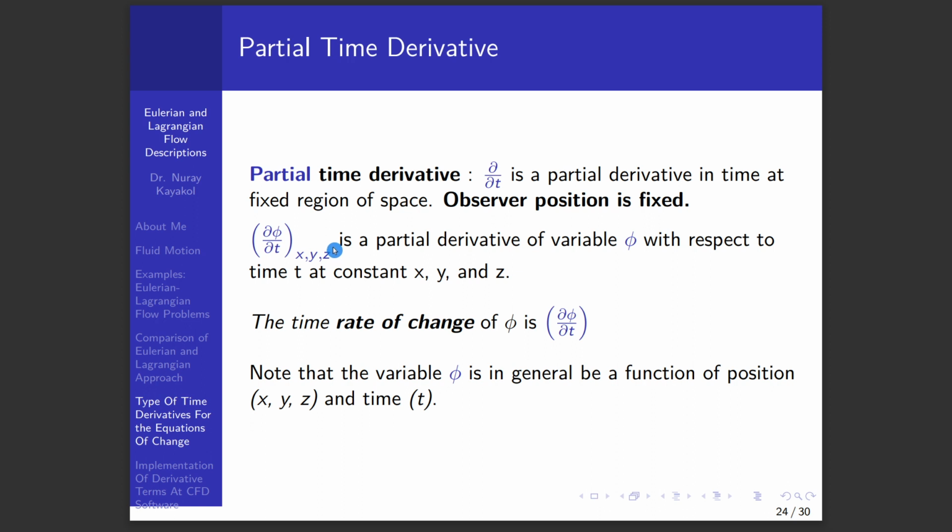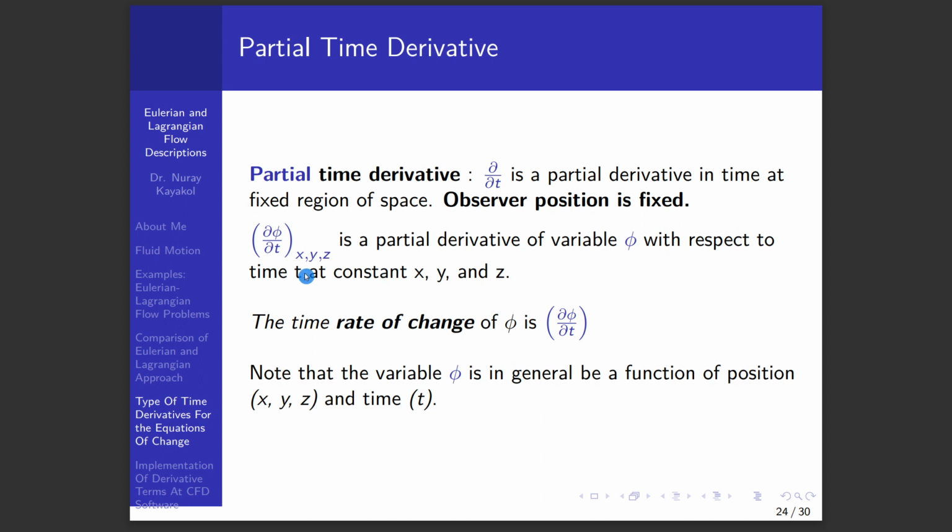That means these terms are constant. Del phi over del t is a partial derivative of variable phi with respect to time at constant x, y, and z. So this is actually a kind of Eulerian approach.